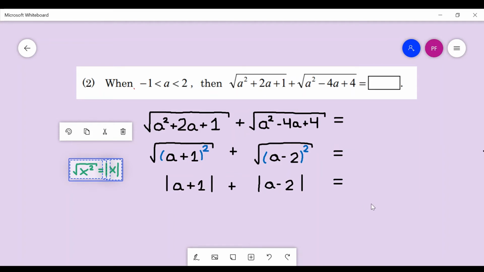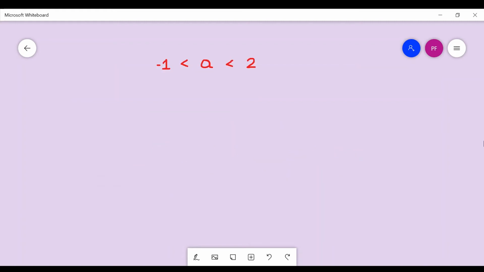Finally, we are going to name the result of the equation x. Now, to know how much x is, we have to resolve the absolute values. This is done by knowing if the expression inside of the absolute value is negative or positive.